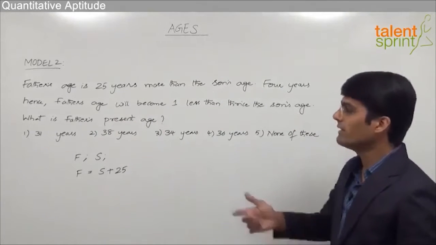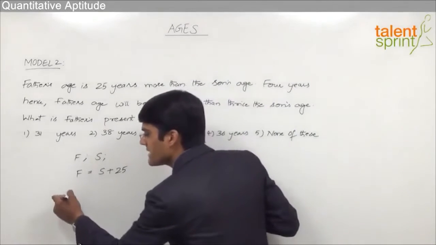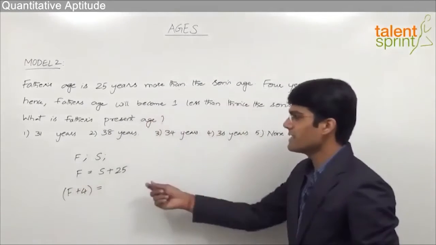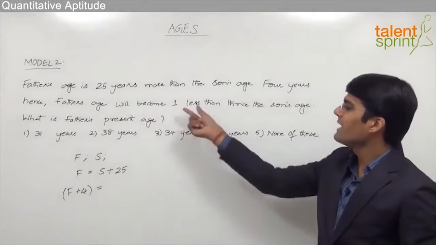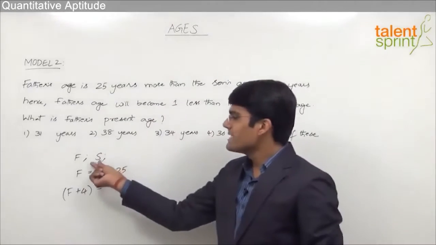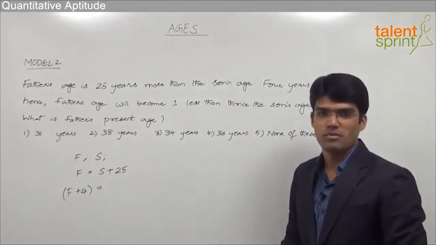So after 4 years, father's age, if present age is F, after 4 years his age should be taken as F plus 4. So this will be equal to 1 less than thrice the son's age. Son's present age is S. So his age 4 years hence will be S plus 4.